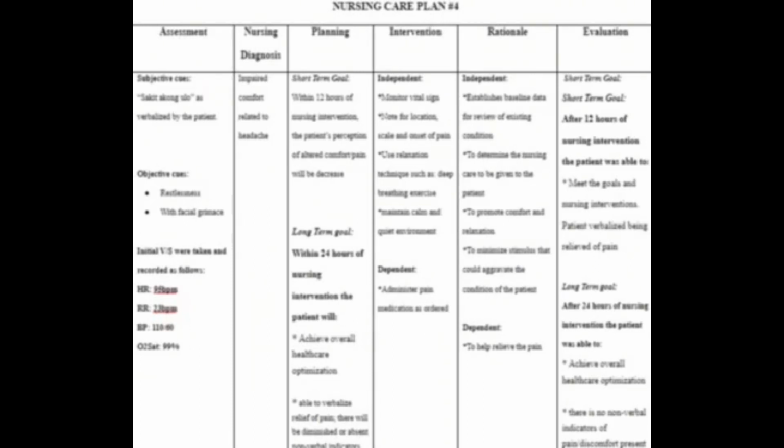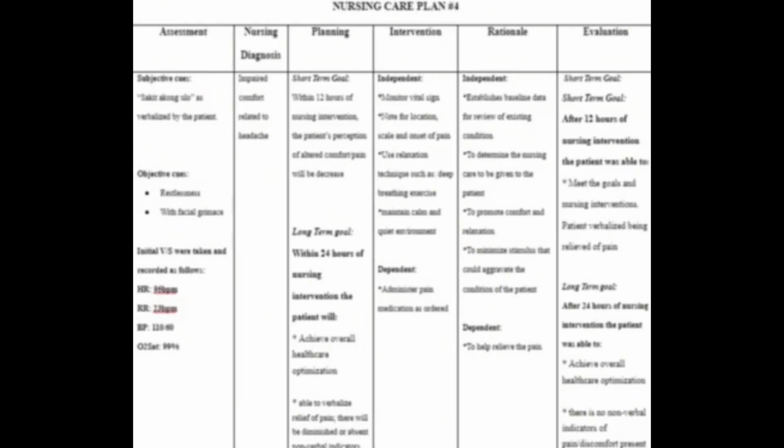So for our interventions, the independent intervention: monitor vital signs, note for location, scale, and onset of pain, use relaxation techniques such as deep breathing exercise, and lastly, maintain calm and quiet environment.